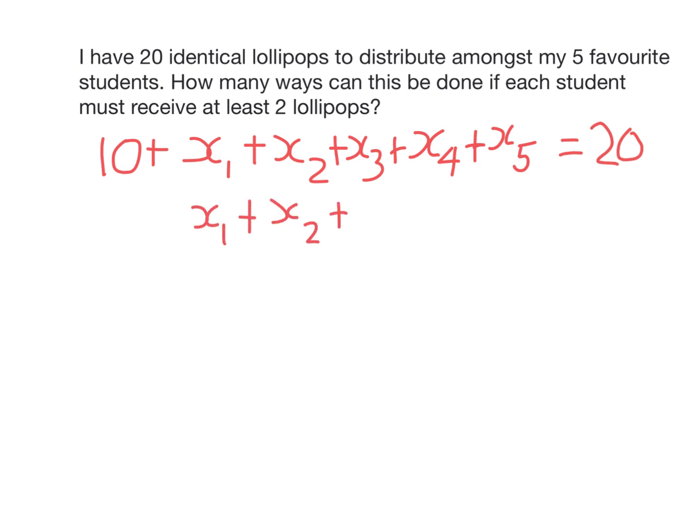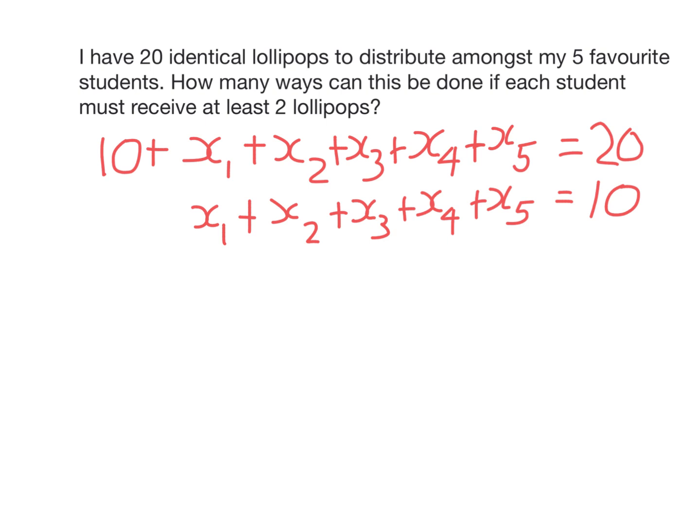So you can see all these problems are essentially the same. I'm figuring out how many non-negative integer solutions, non-negative because I can't give any student a negative number of lollipops, are there to this equation? It's just like I have 10 identical balls and I'm distributing them into 5 bins. How many ways can it be done?